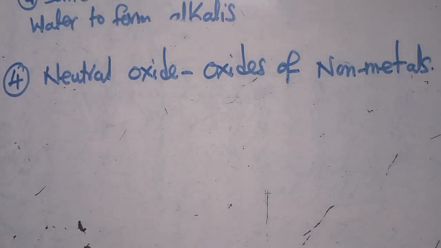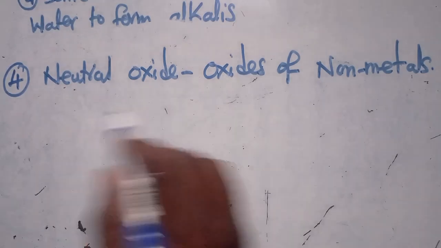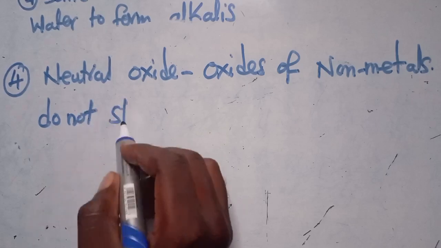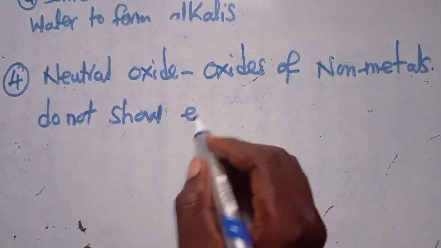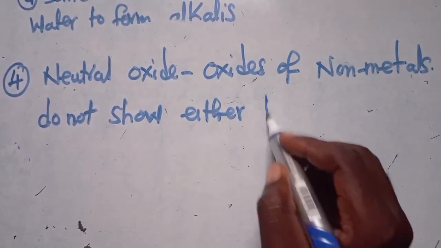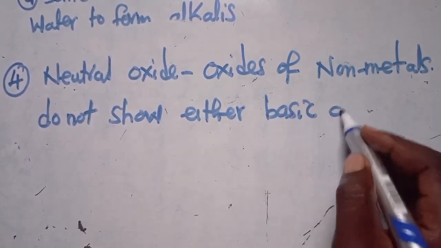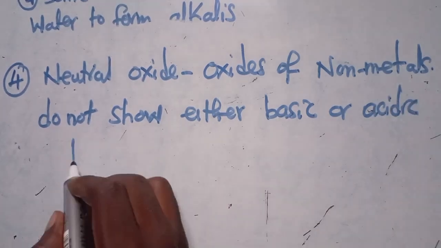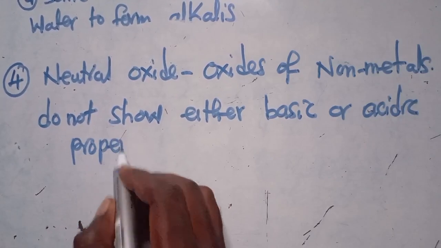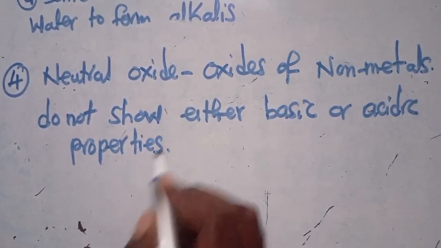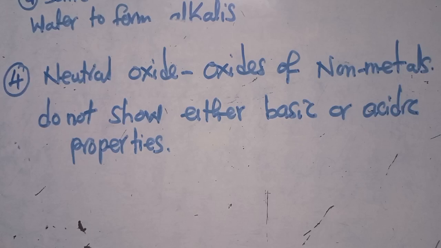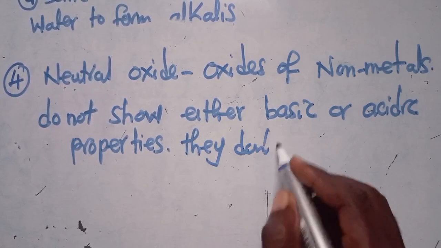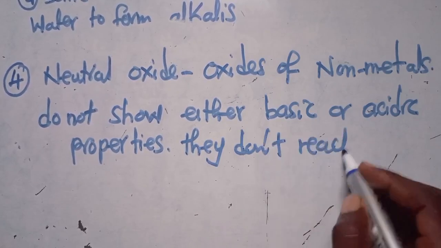Why are they called neutral oxides? Because they don't show either basic or acidic properties. They don't react, and they will never react.